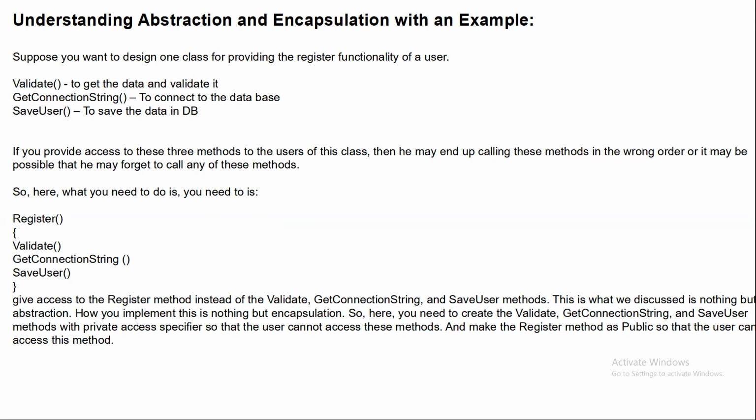Abstraction, in reality, is a theory, and the way we implement it is encapsulation. One more example I can give: whenever you declare a class, you mention private for the variables and public for the methods, because you don't want the end user to mess up the data.